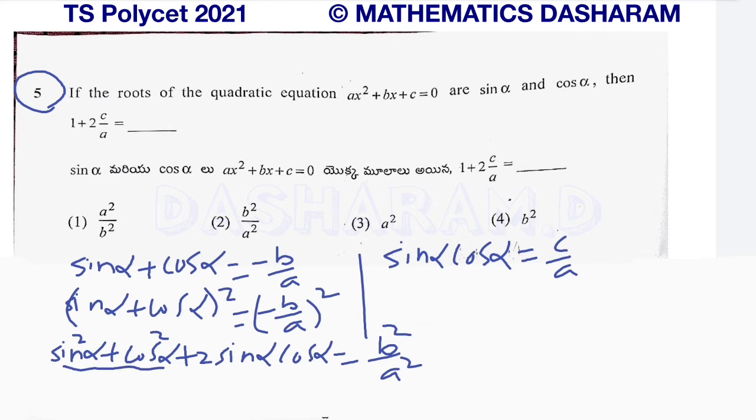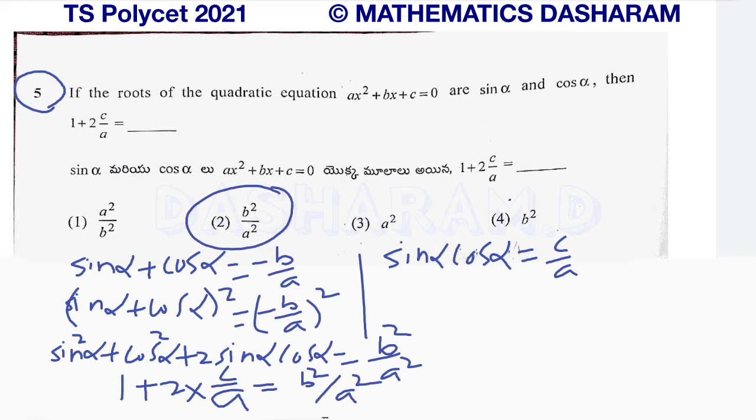But one of the identities says its value is 1. 2 into sin alpha into cos alpha, whose value is c by a. So substitute that, it equals b square divided by a square. So our required answer is b square divided by a square, option 2 is correct.